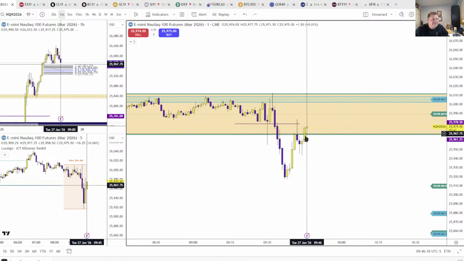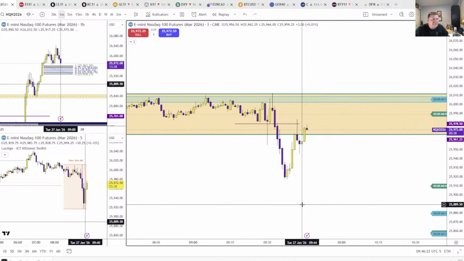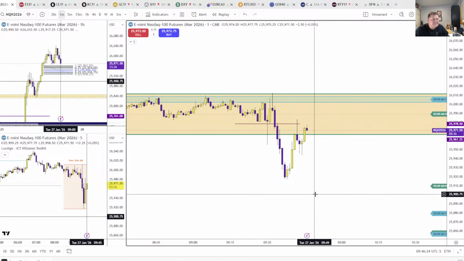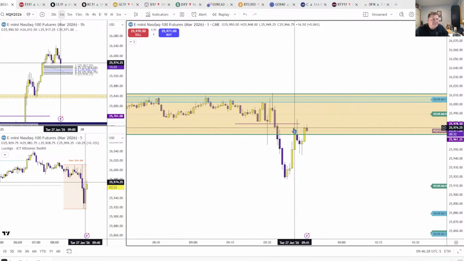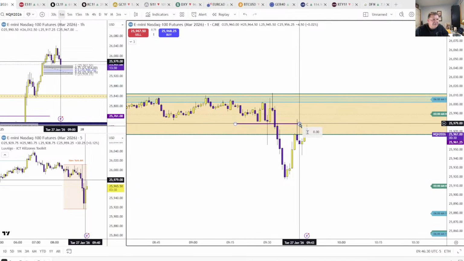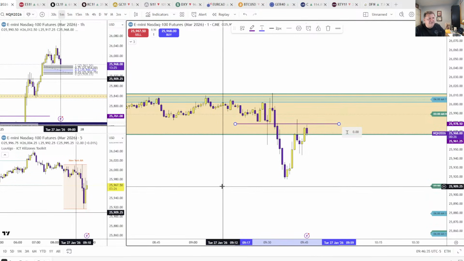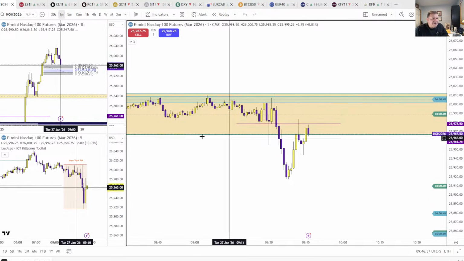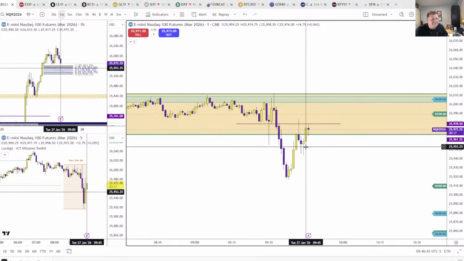That's a box to box trade. There's 50%, right off that. We're real close to the premium of that mean threshold. Sorry, the mean threshold of that candle.